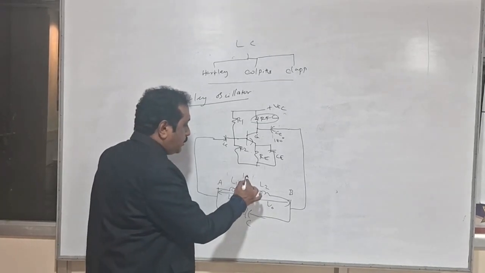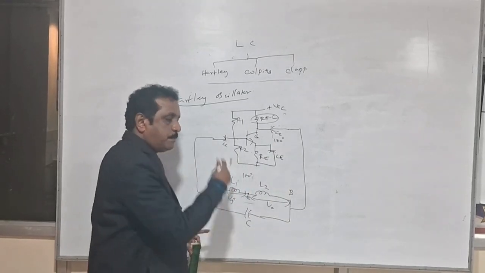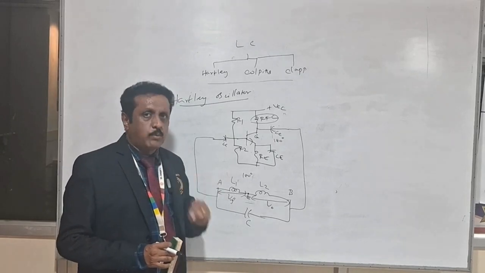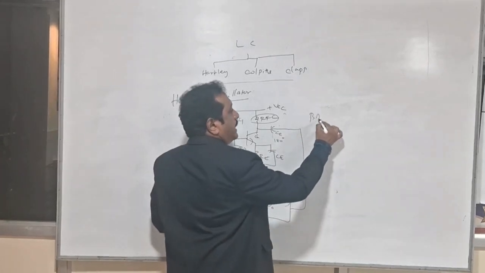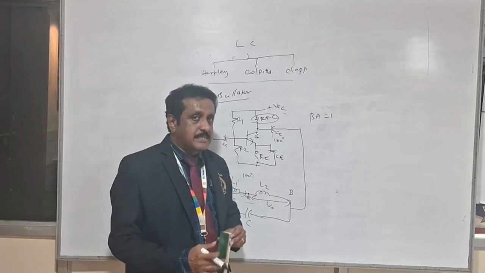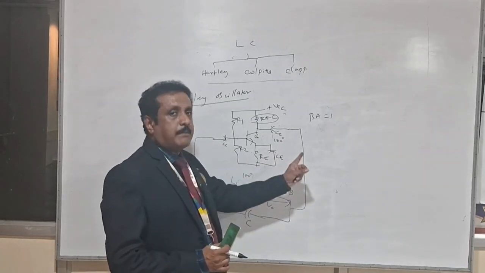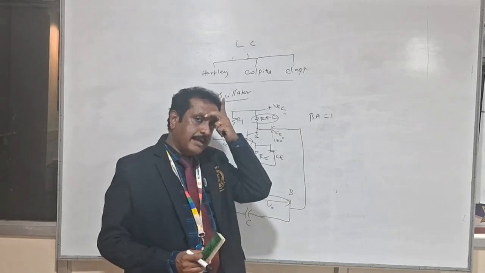So the total phase shift around the loop is 0 degree or 360 degree. The second condition is that the loop gain beta A should be 1. That is the second condition for oscillation, Barkhausen's criterion. So this feedback process will repeat again and again till it reaches beta A equal to 1.